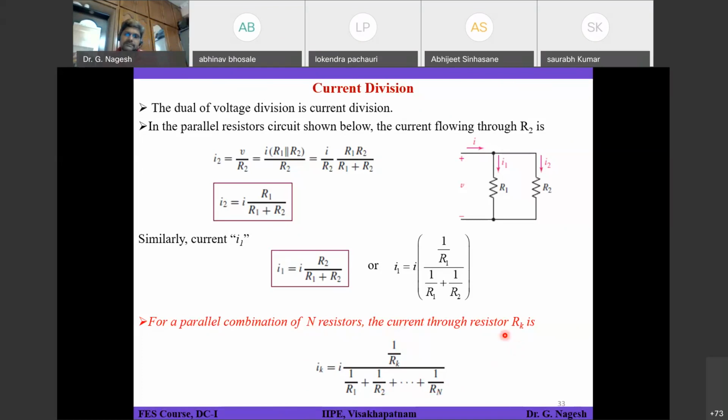If you have n resistors connected in parallel, you can straight away use this formula to find the current flowing through one particular resistor. If there are two resistors only, you can use the earlier formula straight away for I1 and I2.